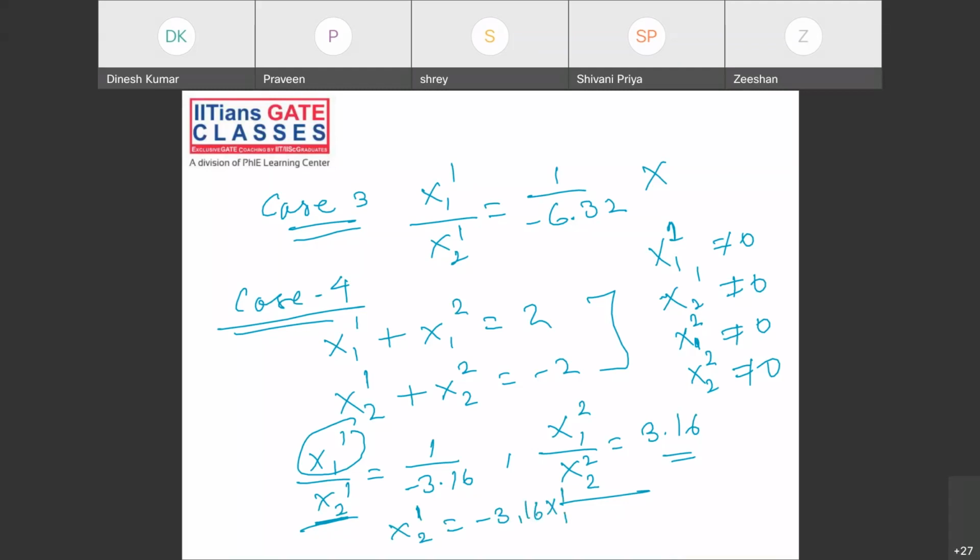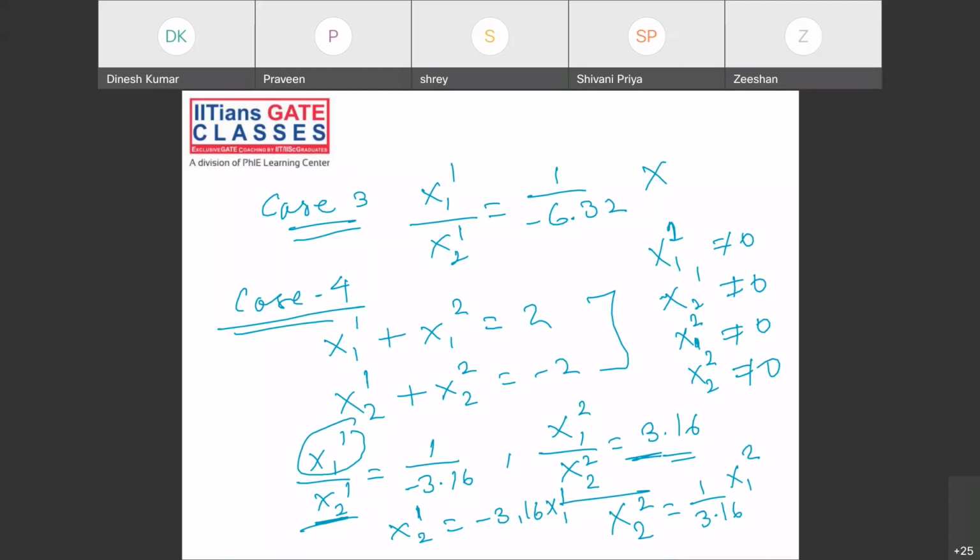Then I can write from this equation x2 2 in terms of 1 upon 3.16 x1 2.